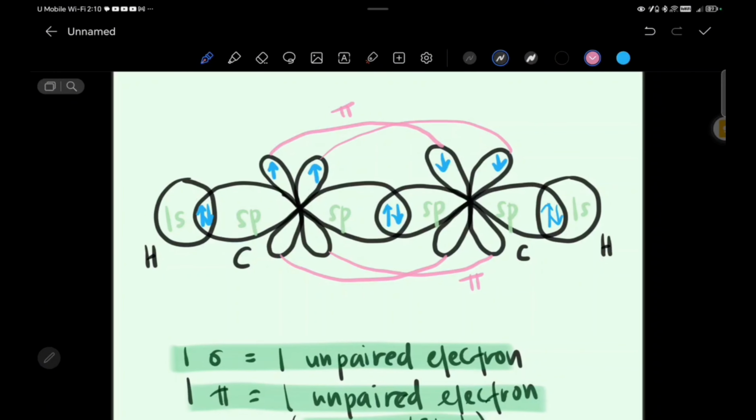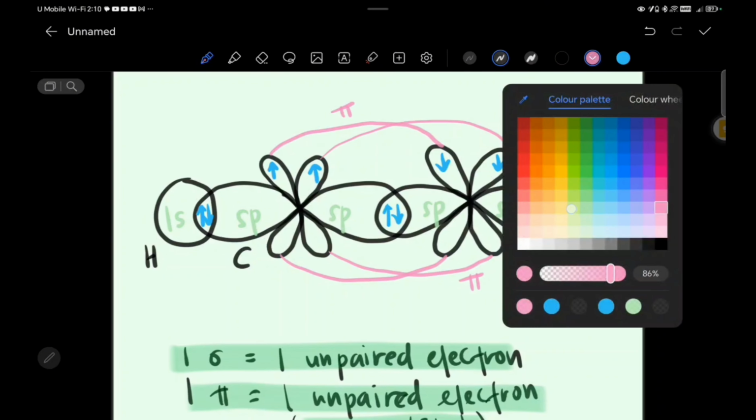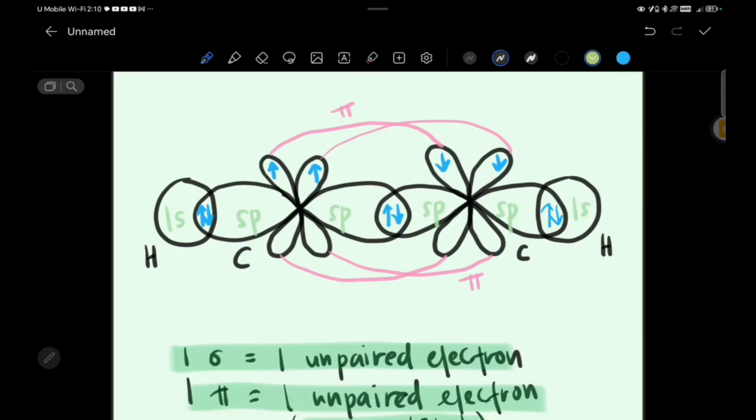We also need to write 2p, 2p, 2p, 2p, and 2p. Our overlapping orbitals are done, but we need to recheck.